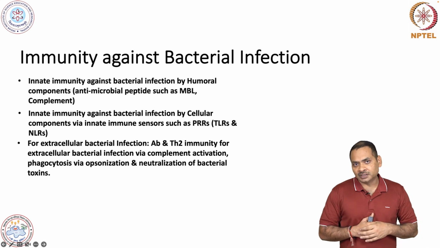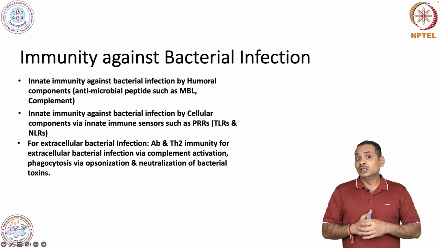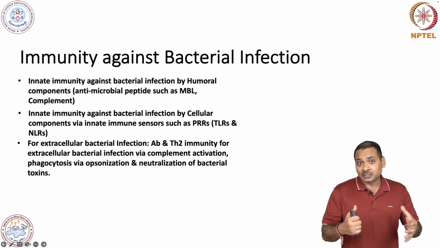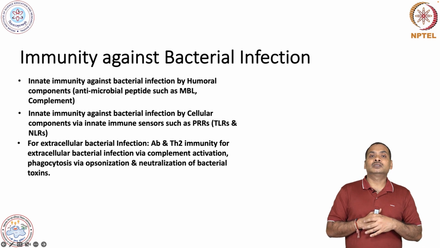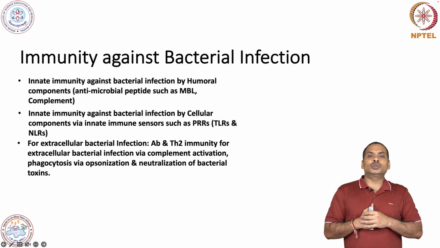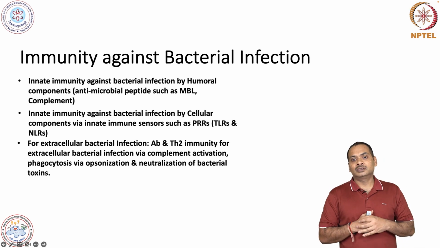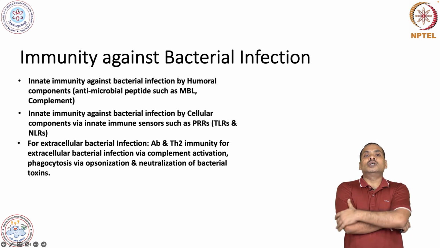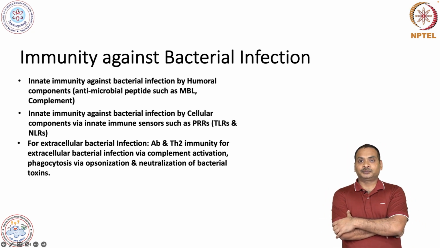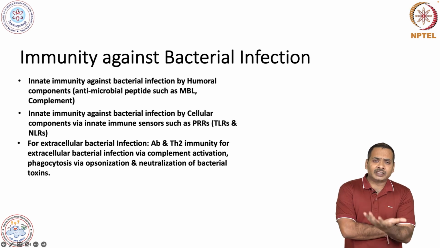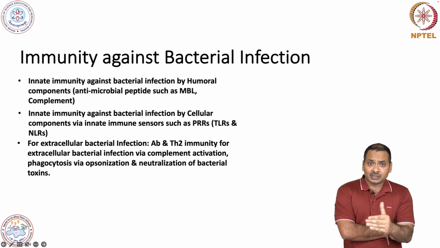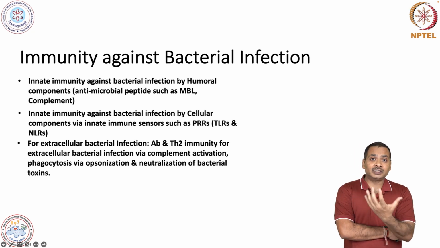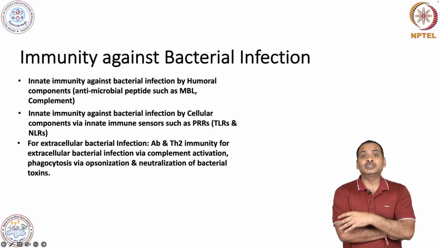For example, Th1 cells play a very important role in intracellular bacterial infection, for example, Mycobacterium tuberculosis. Th2 plays a very important role in production of antibodies. So, in that way, the adaptive immunity works against the bacterial infection. For extracellular bacteria, these antibodies are very important. For intracellular, Th1 is very important. For extracellular, Th2 immune responses are very important.